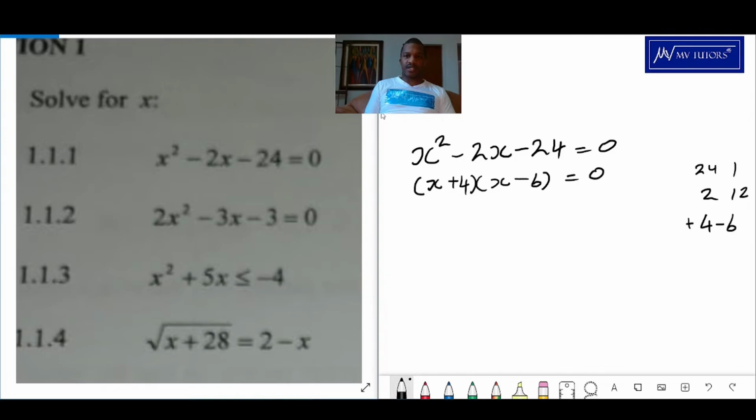And then when it comes to solving for x, you know you have to take the opposite of this, right? Because remember, what's actually happening here is that it's equals to 0. If you're to solve for that, equate it to 0, x can be negative 4, the opposite sign. So that's why we always take the opposite sign.